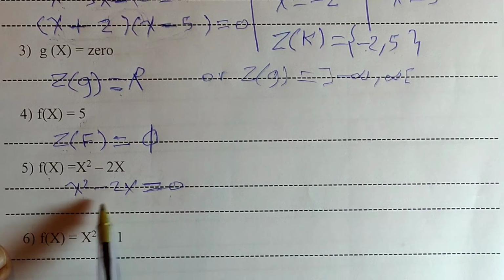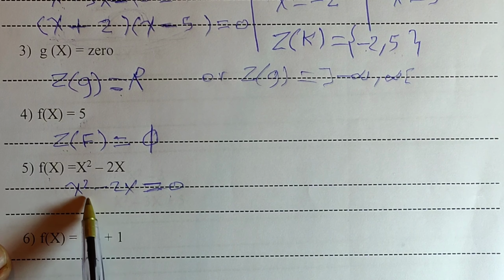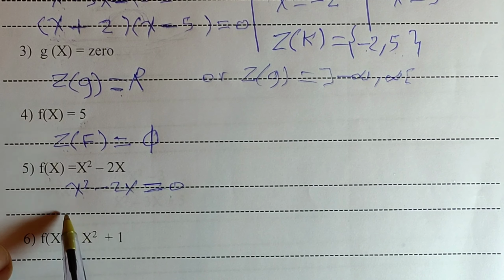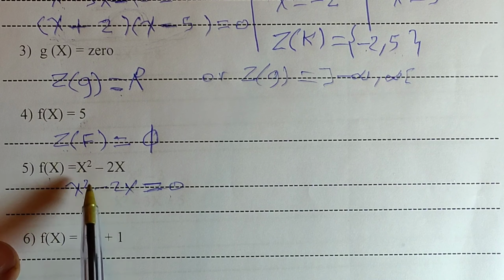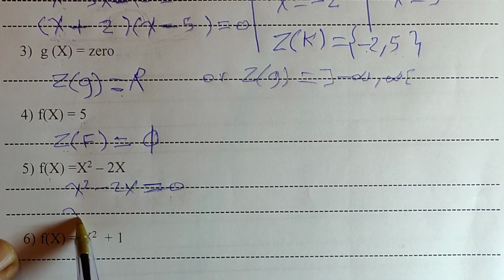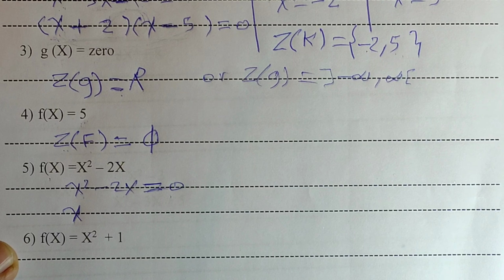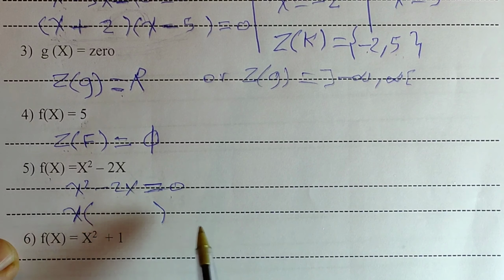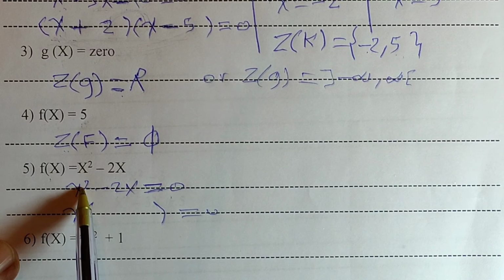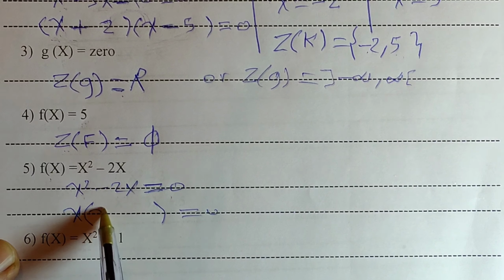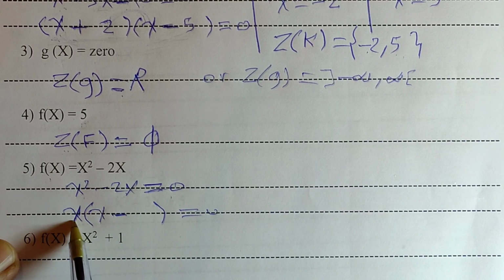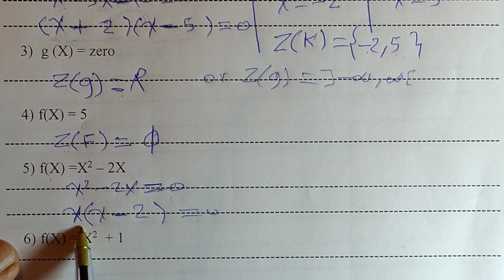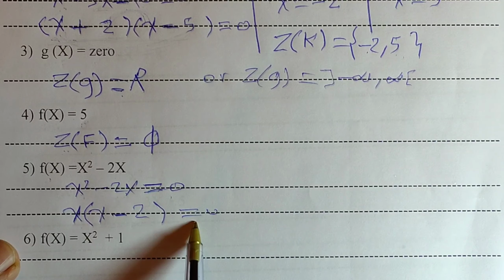To solve this equation, first we have to get the highest common factor between these two terms, like this. The highest common factor here between x power 2 minus 2x is x. Okay, so open a bracket like this, equal 0. X power 2 divided by x equal x, minus 2x divided by x equal 2. So I have here x times x minus 2 equals 0.